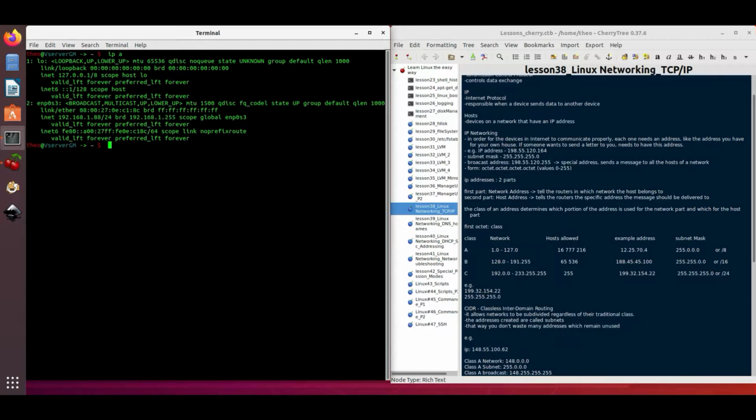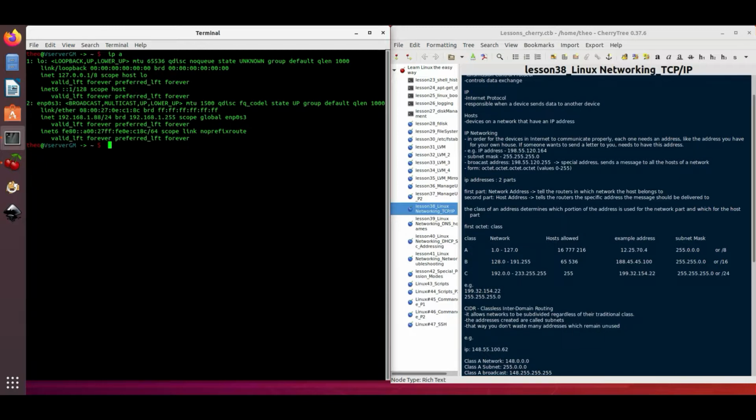So the available addresses start from the first address until one address before the broadcast address. And the form is the following: octet, octet, octet, octet. I assume that you already know what an octet is.